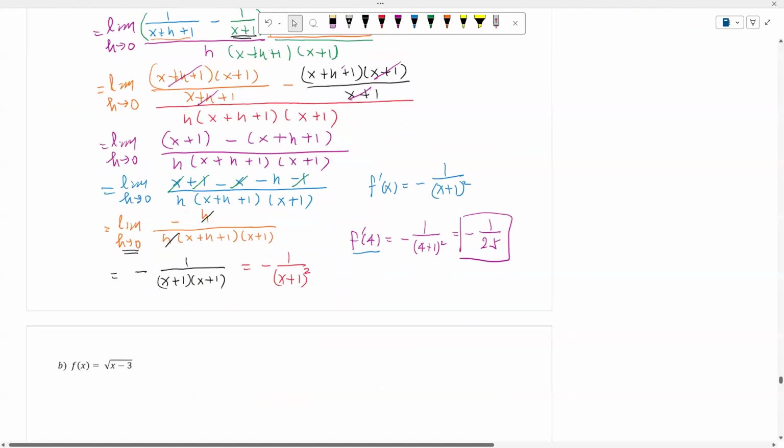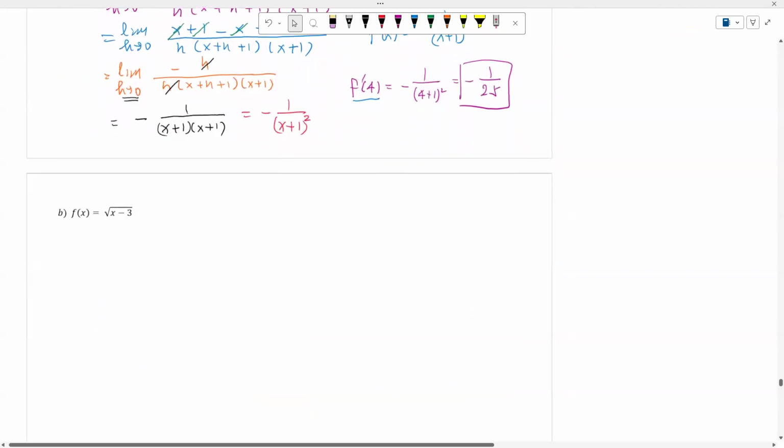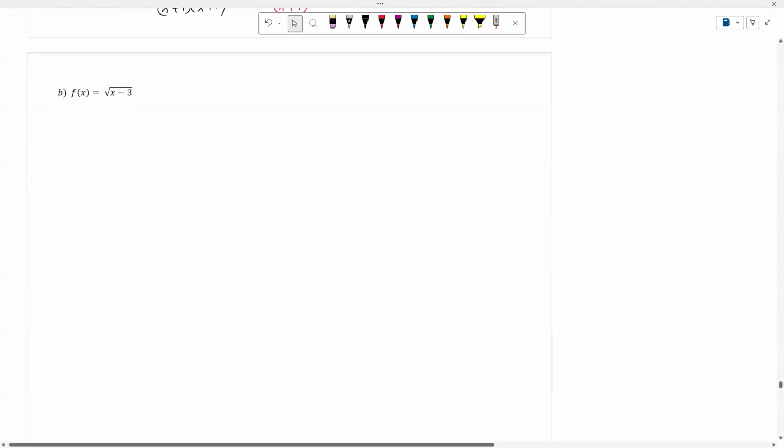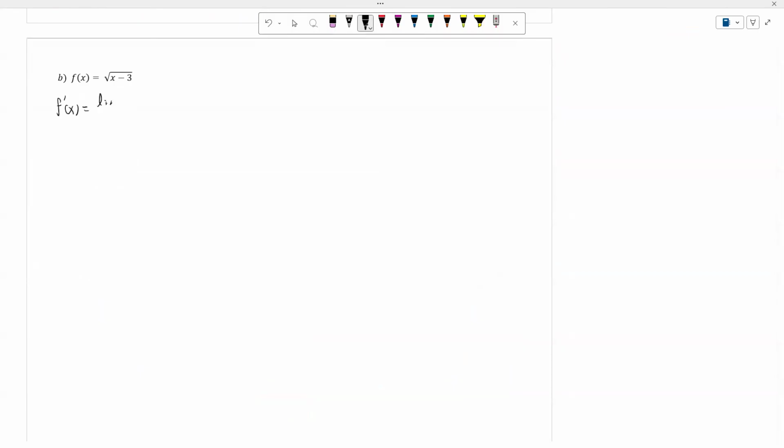Okay. So now it is your turn to practice, okay? f prime of x equal to the limit as h approaches 0 of f of x plus h minus f of x over h. Okay. Again, how we take care of f of x plus h.